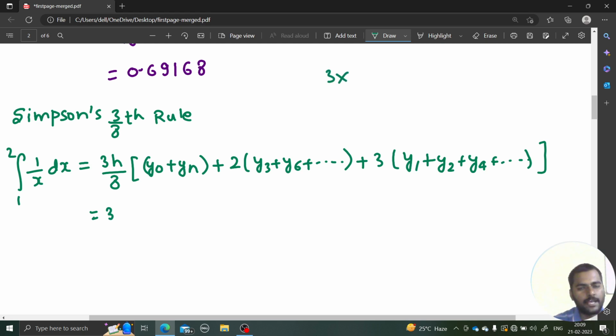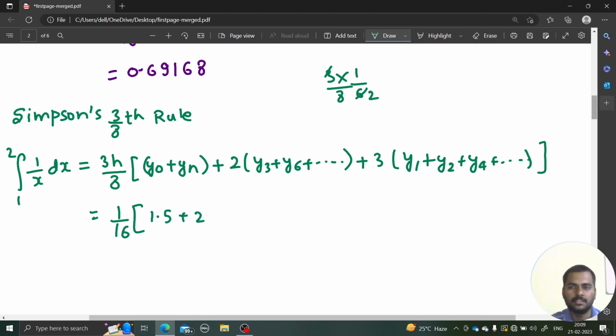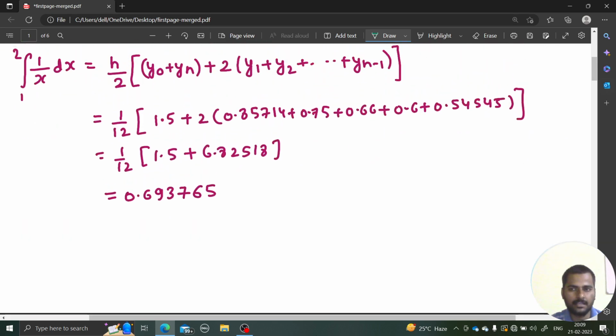3 times h is 1 by 6, and here you have 8, so this will be 1 by 16. Okay, first and last sum again, 1.5 was there, plus 2 times y3, y6.